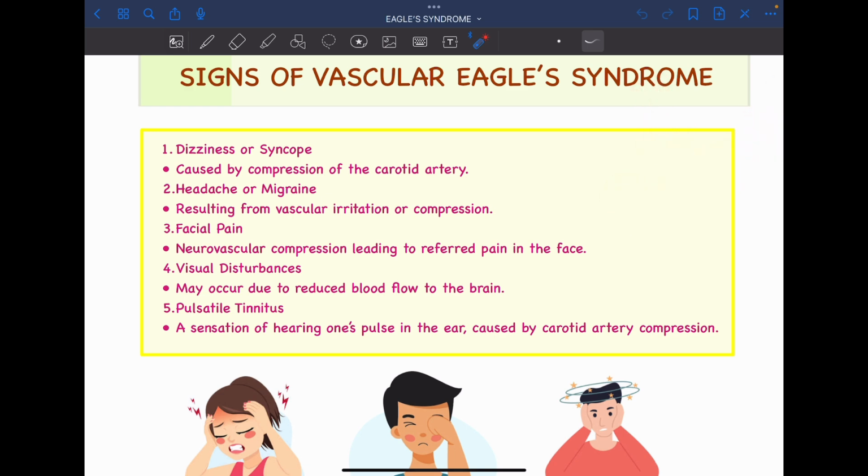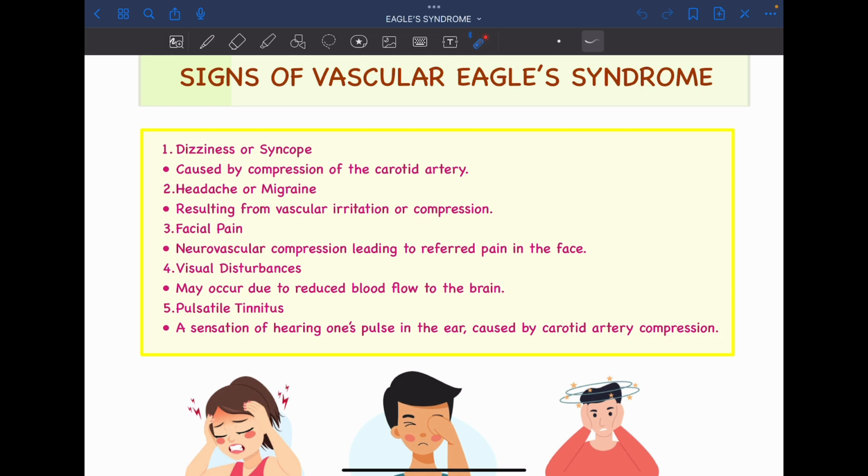Because of compression of the carotid and the diminished blood flow to the brain, there are symptoms of dizziness and syncope as well, right? Compression of carotid artery. Then we have headache or migraine because of the vascular irritation, facial pain because of the compression of neurovascular bundles, and this also is referred to the face area.